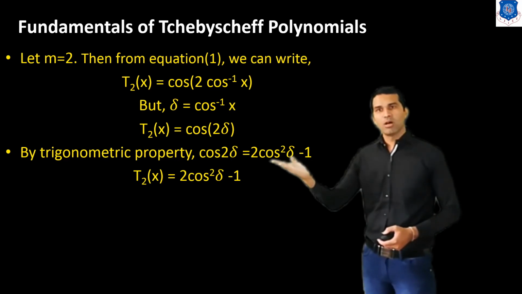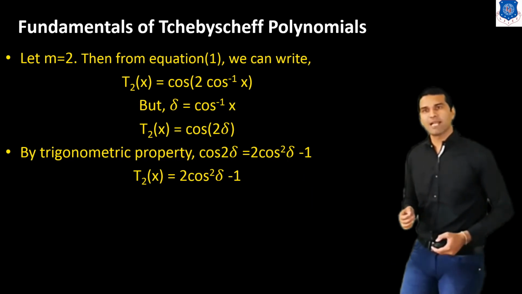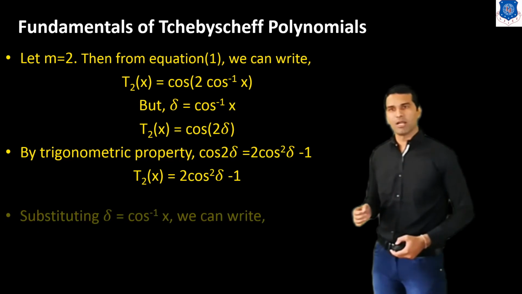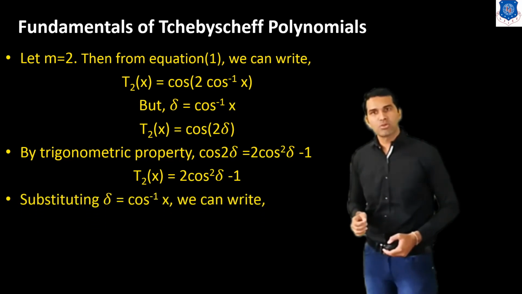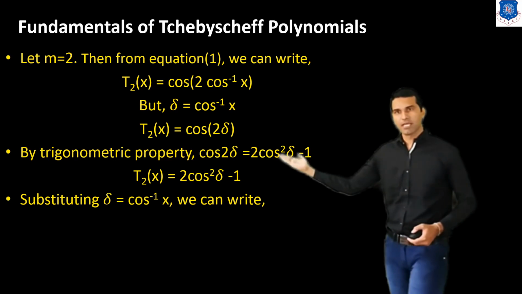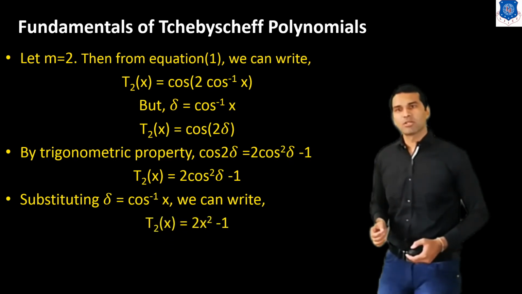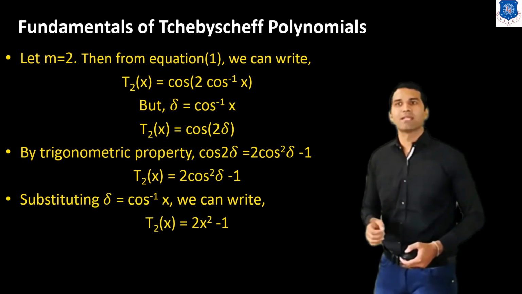Substituting delta equals cos inverse x, we get T2(x) equals 2x square minus 1.